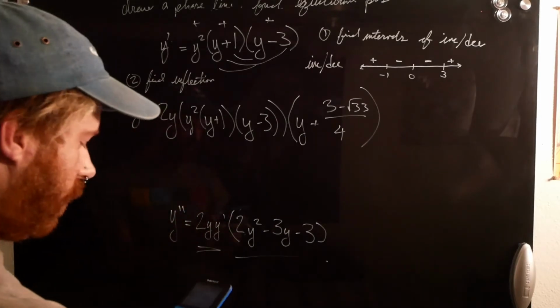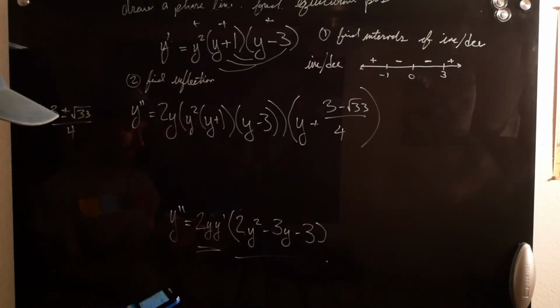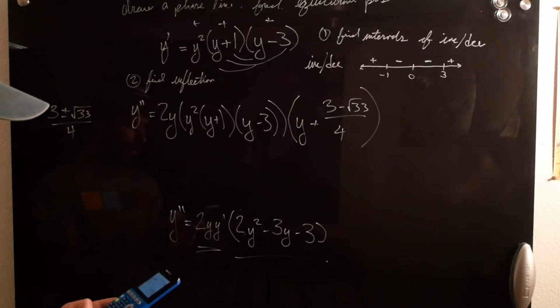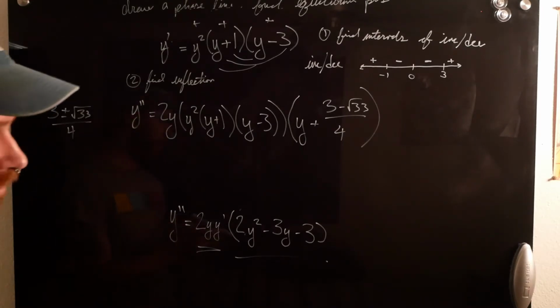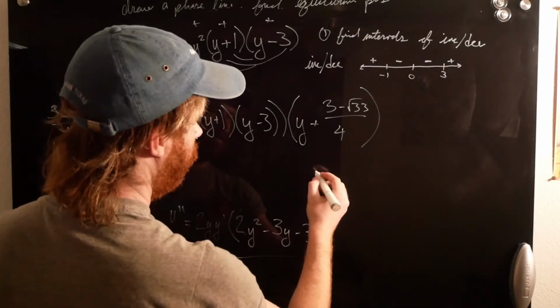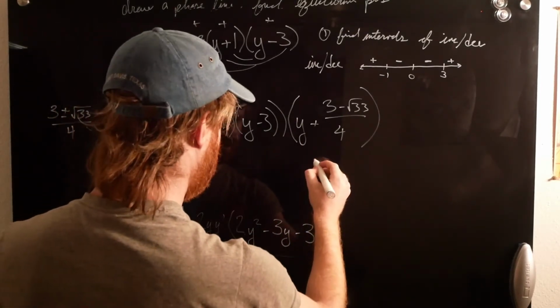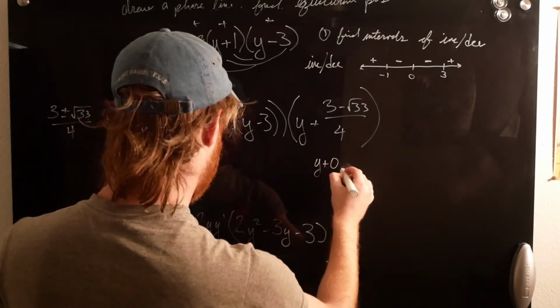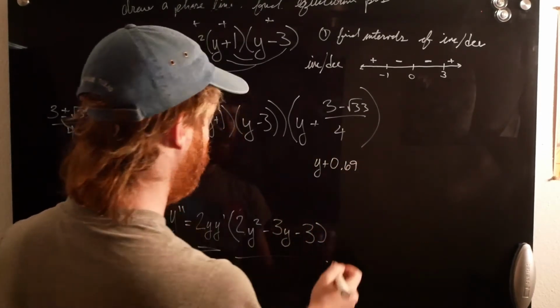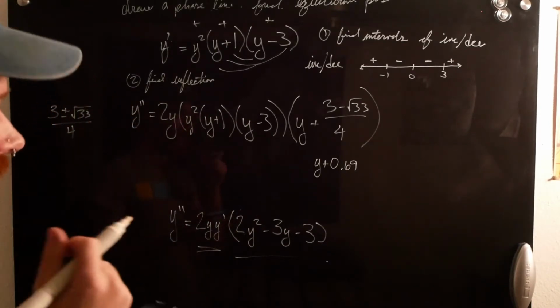So if we do these roots, we get that, yeah, so 3 minus root 33 over 4 is negative 0.69. So we're just going to say that this is actually y plus 0.69. Because when you plug in negative 0.69, that's when you're going to get a 0.